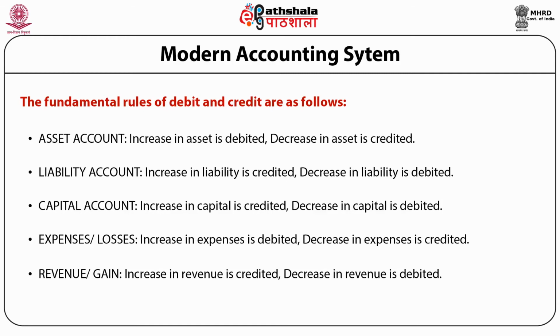Therefore debited. Further, only a part of money, rupees 30,000, is paid to the supplier. Therefore, cash will be reduced by rupees 30,000. As a result, cash account will be credited as decrease in asset is credited.